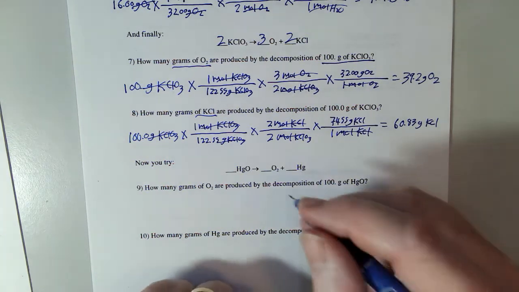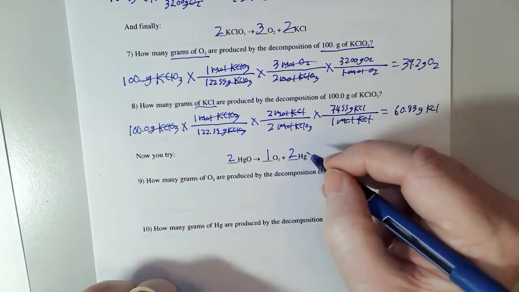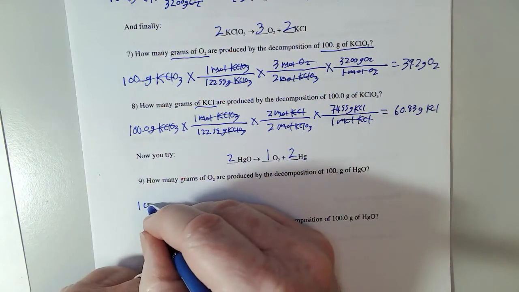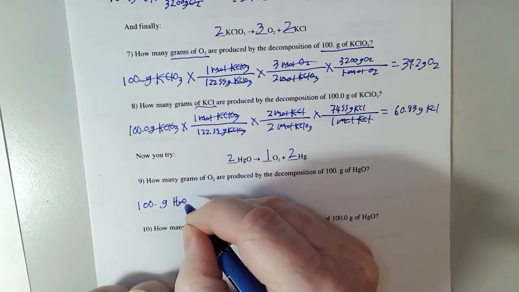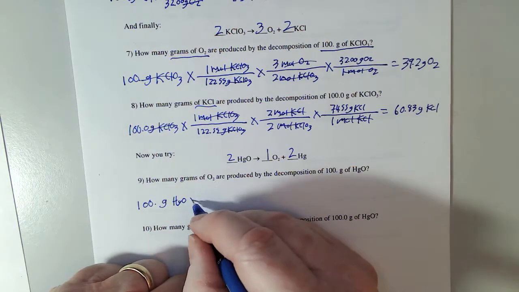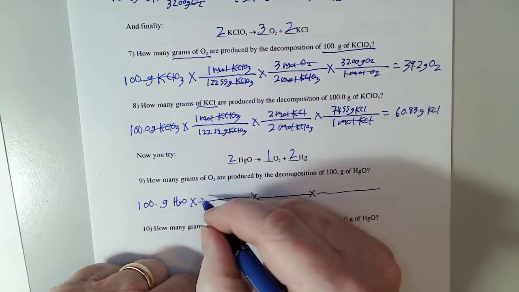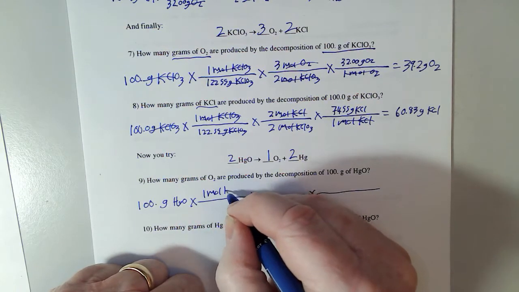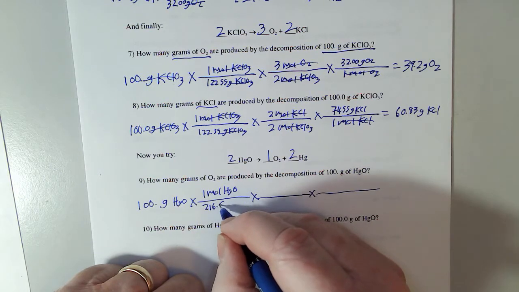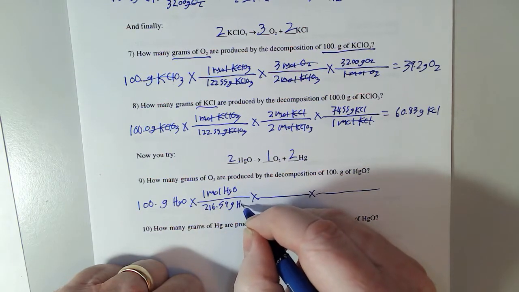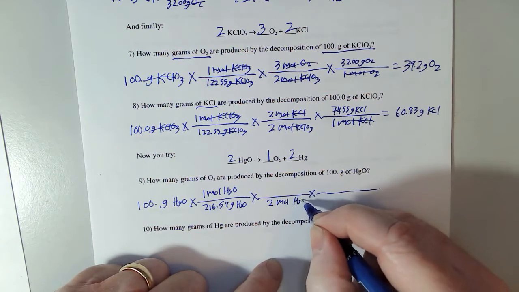Okay, welcome back. So 2 HgO gives 1 O2 and 2 Hg. I have 100 grams of HgO times 1 mole of HgO is 216.59 grams of HgO. 2 moles HgO.